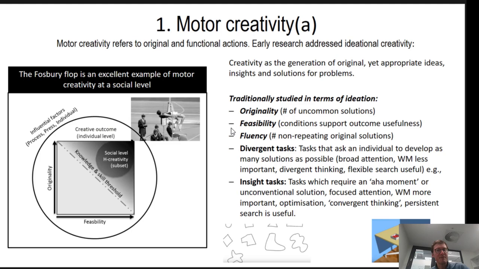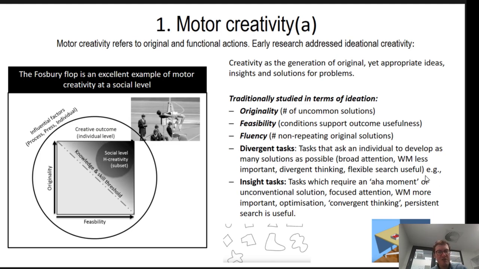They obtain these measures under two different task conditions. In ideational research, they do it under divergent tasks or insight tasks. Divergent tasks are tasks where the person is asked to come up with as many different solutions as they can. Broad attention is important, so the ability to make associations across different categories or different disciplines.